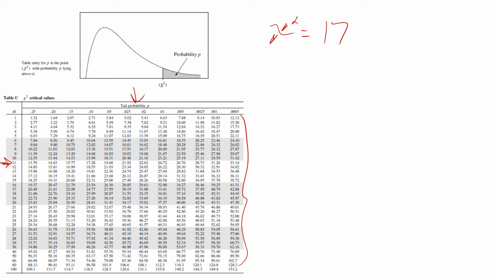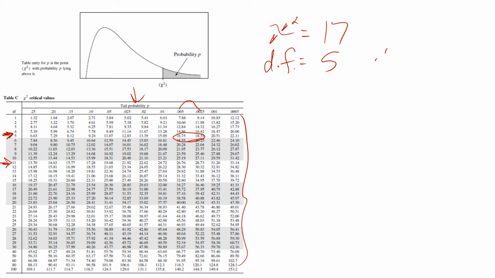And we have a degree of freedom equaling 5 because we had 6 different categories. So what we do is we go to our degree of freedom equals 5 line, and we go over till we get to where 17 would be, which would be right in between 16.75 and 8.39, which tells us that our p-value is in between 0.005 and 0.0025.